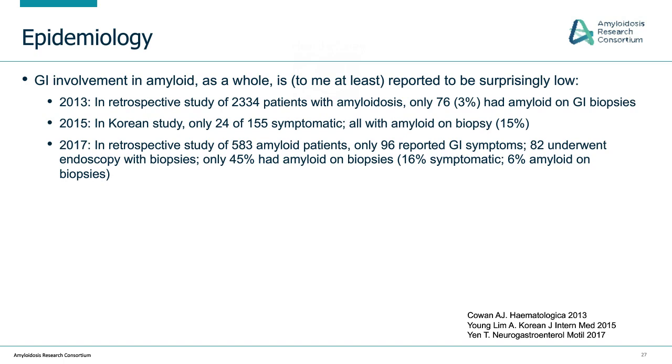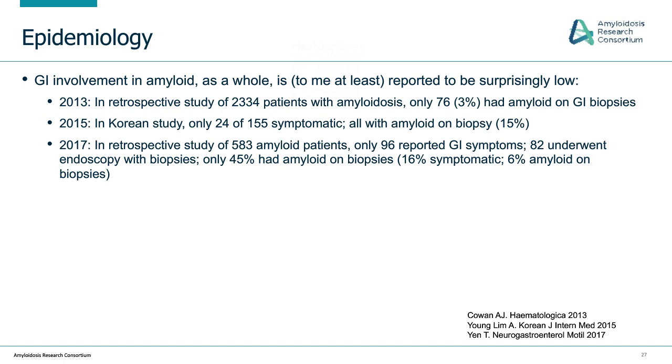Now, I'll say that I'm biased in that the people that I see in my clinic are referred to me specifically because of symptoms. So in my practice, it seems quite high. But I'm sure there's a very large group that never makes it to my door.